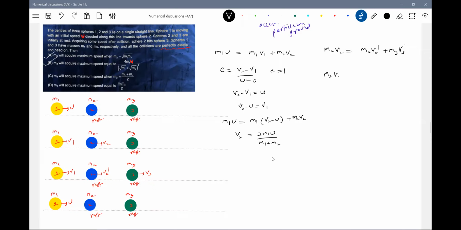Applying conservation of linear momentum again, the coefficient of restitution (V3 minus V2 dash) by V2 minus 0, as e equals 1. So V2 equals V3 minus V2 dash. Let me eliminate V2 dash from here. V2 dash will become V3 minus V2.